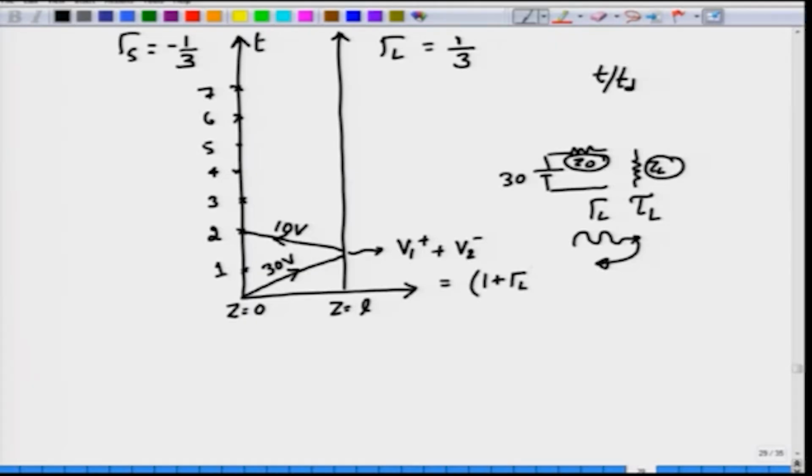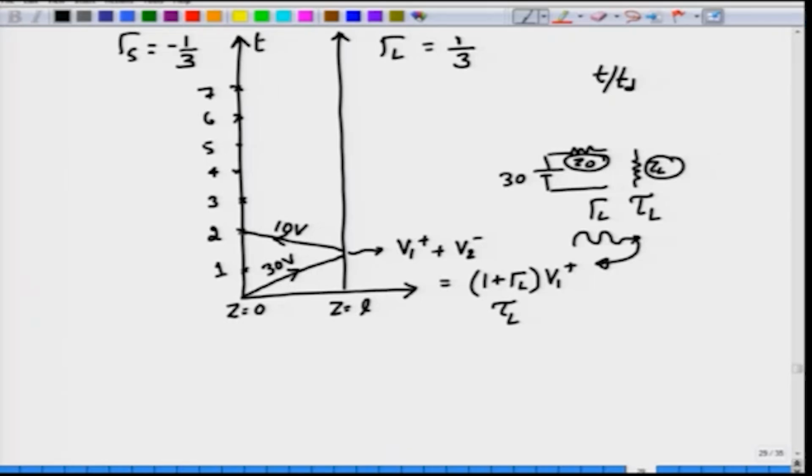So, we call this 1 plus gamma L the transmission coefficient tau L. You do not have to call it, I am just calling it because when you consider much more complicated cases, multiple lines being broken in between, then this transmission coefficient is a very useful quantity to shorten your calculations. Okay. So, 30 volts came in, incident got reflected as 10 volt.